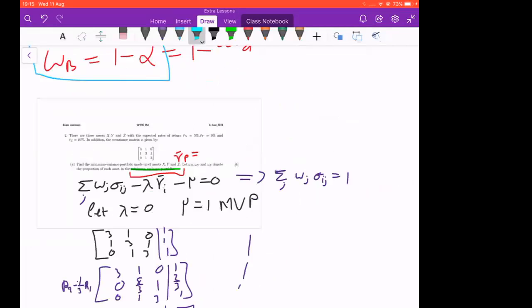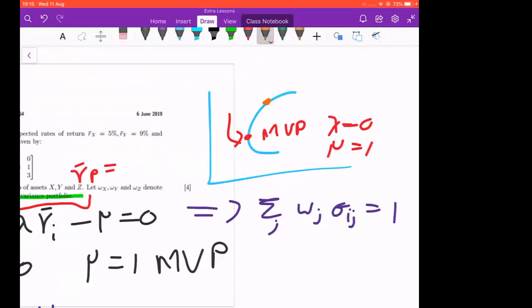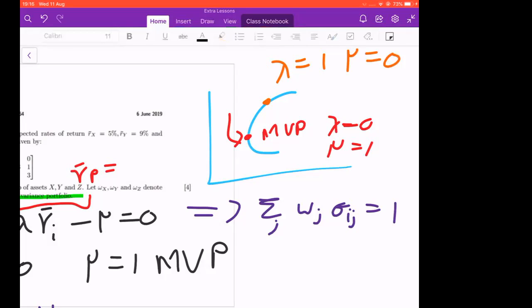You will answer for the minimum variance portfolio with lambda 0, mu equal to 1. For any other portfolio, you will have to find it with the specified return. So anyway, we only have 2 minutes to solve this.